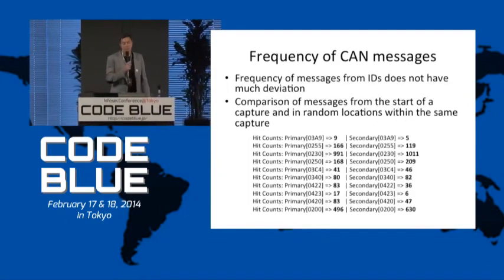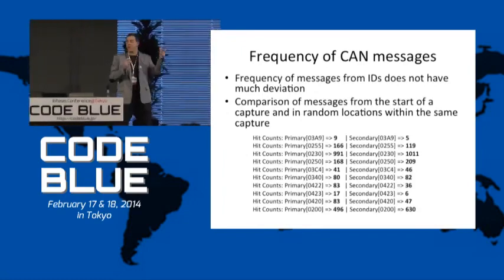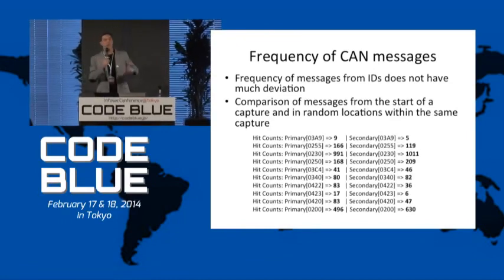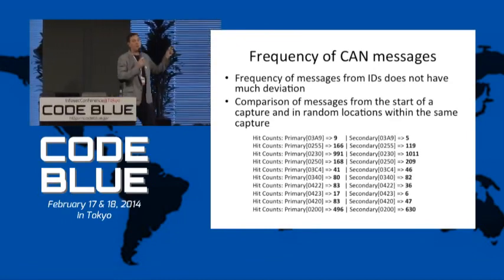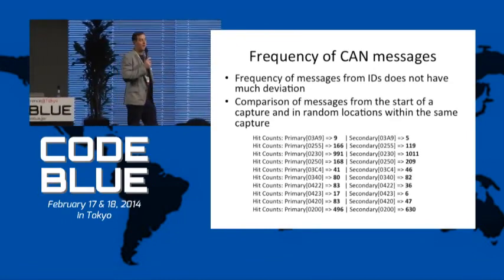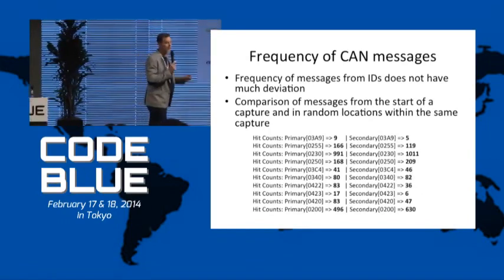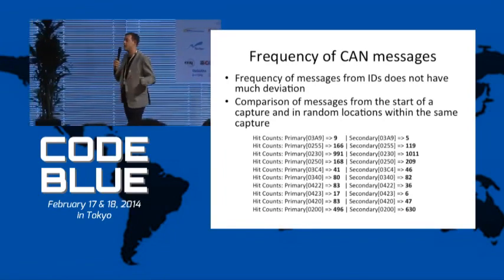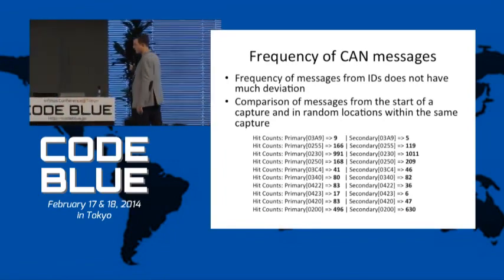I talked about frequency before, right? We took a sample of 1 second in these huge captures, and then I went every other place and did a bunch of random samples of 1 second of traffic. And we found that the frequency of these IDs stayed pretty close. There was very little deviation from the mean, right?